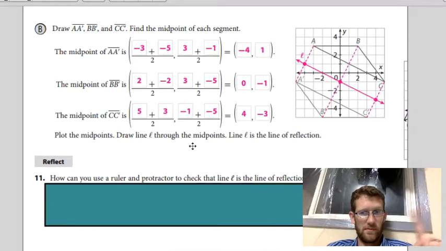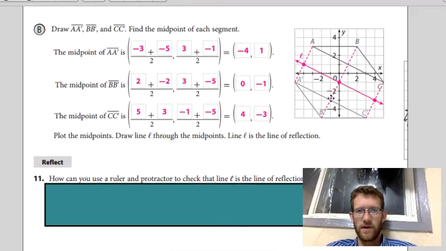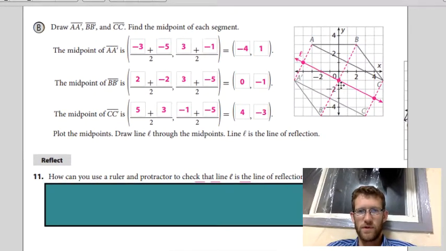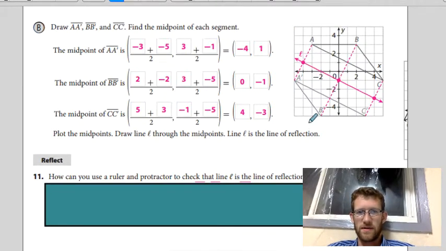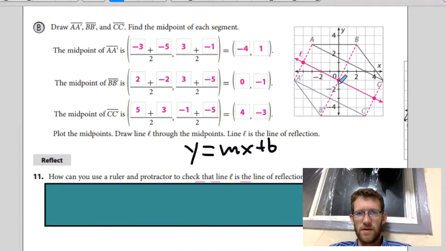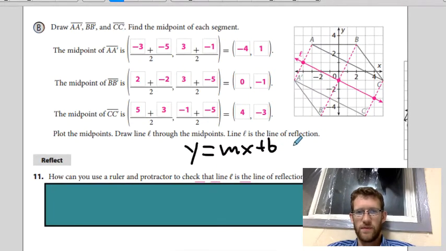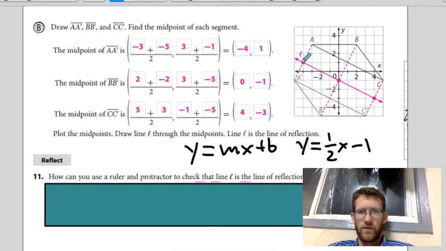You should be able to calculate that line of reflection using our graphing skills. Probably the simplest way is the y equals mx plus b formula. In this case, the slope is 1/2 and b is -1, so it would be y equals 1/2 x minus 1 for this equation.